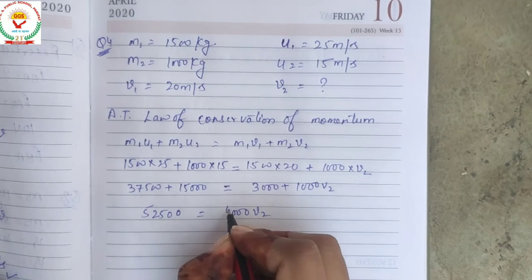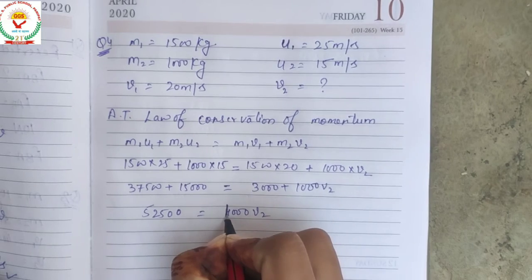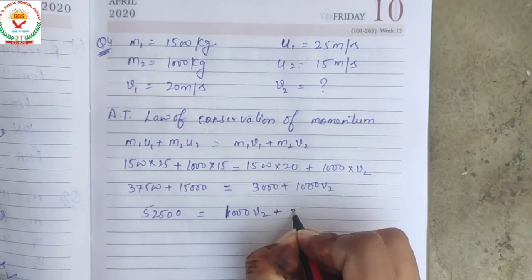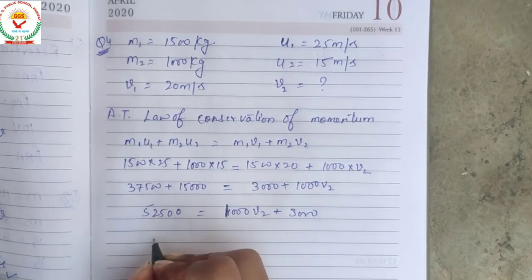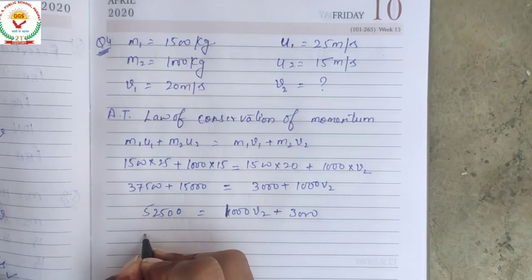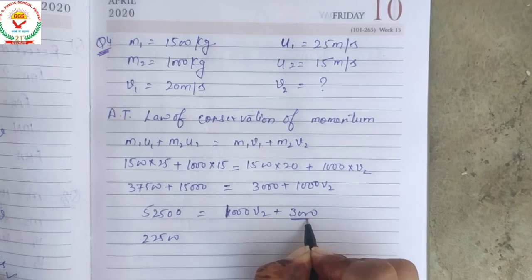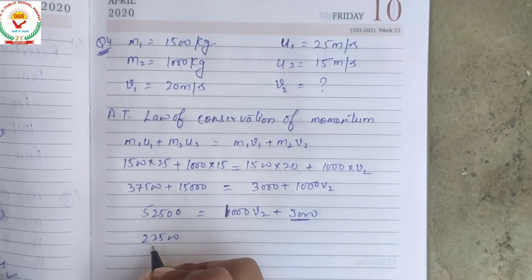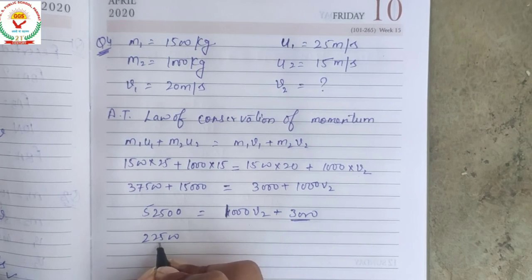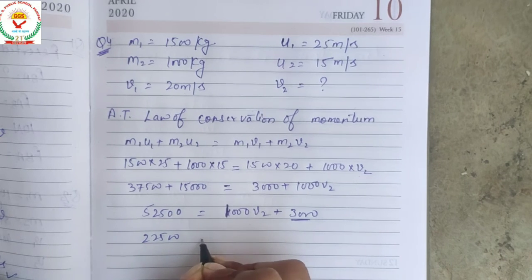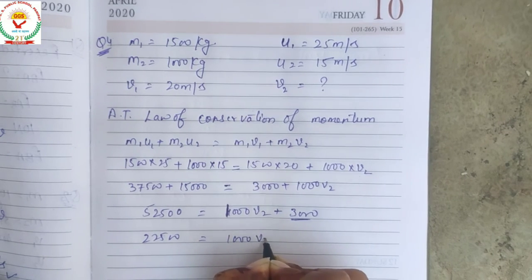Sorry, on solving we get 52500 is equal to 30000 plus 1000 V2. On taking 30000 to the left side we will get 22500 is equal to 1000 V2.